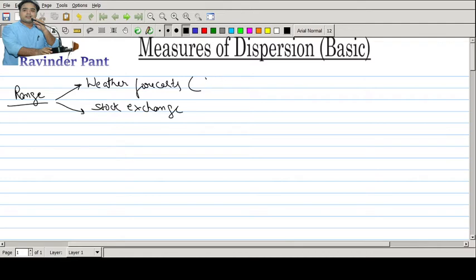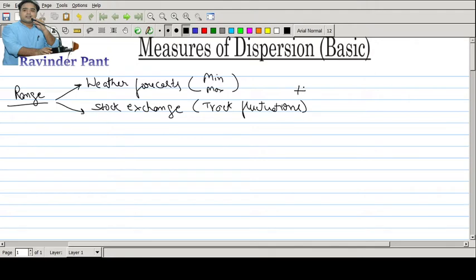And in a stock exchange, it is used to look into the fluctuations in the prices of the securities. So it is to track the fluctuations.